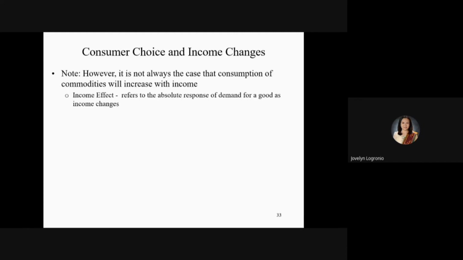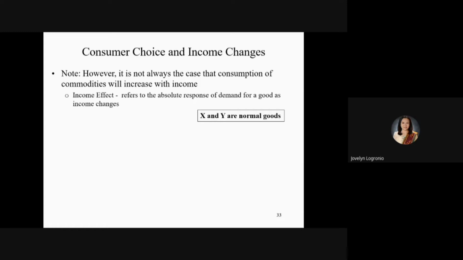As income increases, the quantities of both goods also increase. But, as I have said earlier, it is not always the case that consumption of commodities will increase with income. So, we have what we call the income effect and substitution effect. Income effect refers to the absolute response of the demand for a good as income changes.